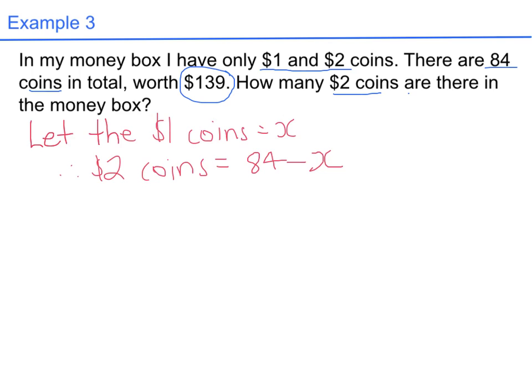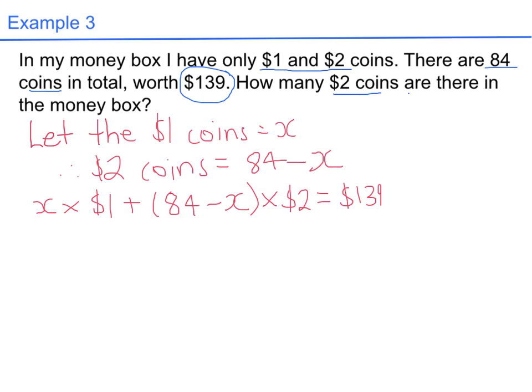Now if we look at the value of these coins, I can see that I have x amount of $1 coins, and if I add that to the number of $2 coins that are in my money box, which is 84 minus x, times their value of $2, we should get the answer of 139.